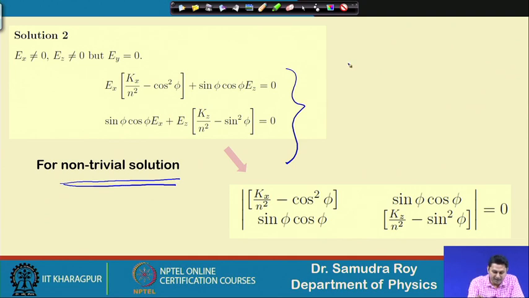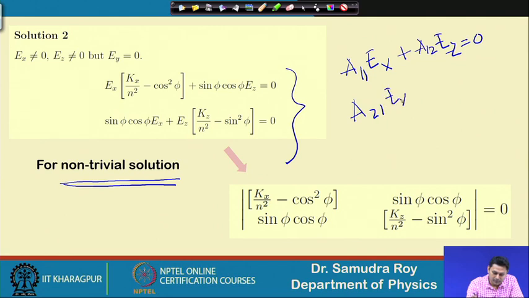and this matrix form, if I write it as, say, A11 Ex plus A12 Ez is equal to 0, and then I can write A21 Ex plus A22 Ez equal to 0.